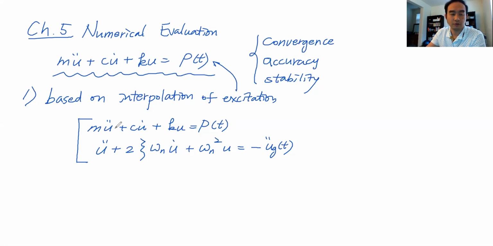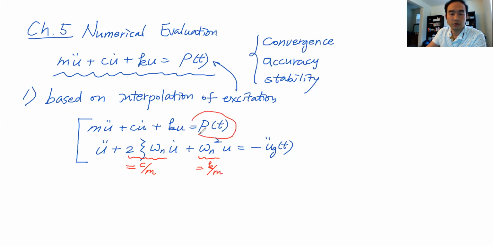As I mentioned, when you divide by m on both sides, u double dot is the same. C over m is going to be equal to this. You can easily prove it. And this omega n squared is, of course, k over m, right?